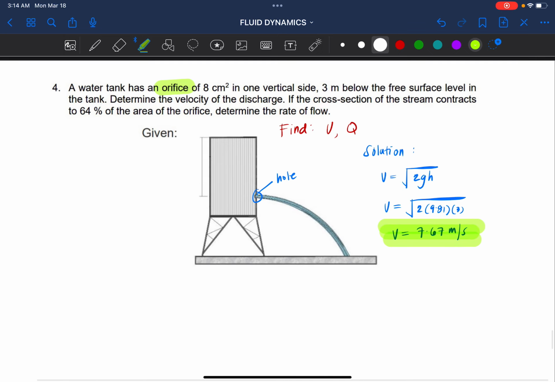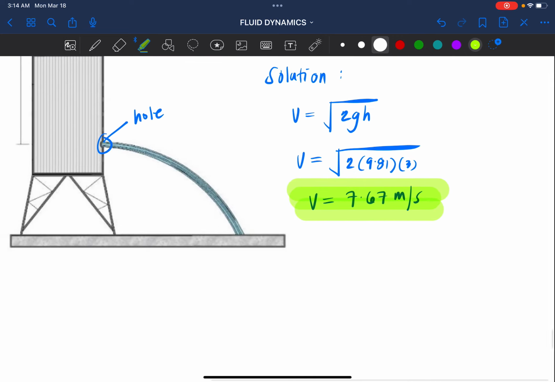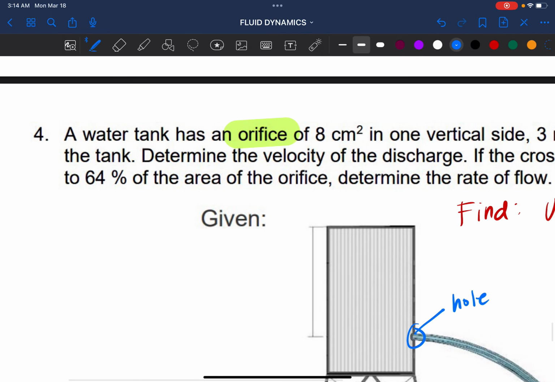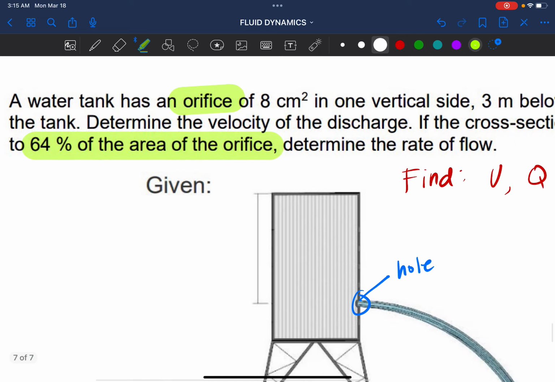And then, lastly, para makuha natin to, yung area kasing binigay is 8 cm squared. So, i-convert natin yan. Para makuha natin discharge, merong condition, 64% lang. 64% of the area of the orifice.